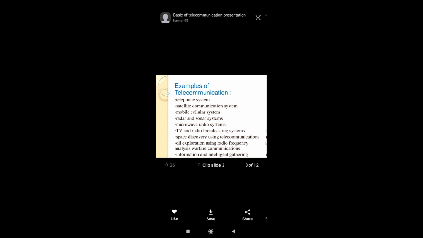Then question number 2. What is the difference between your telephone system and mobile cellular system? That is question number 2.